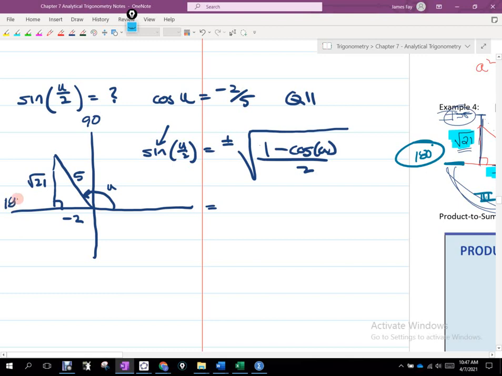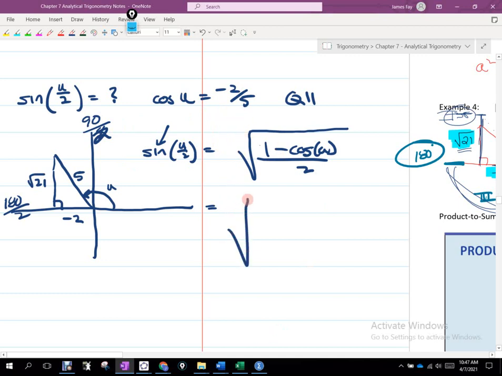If u stops between 90 and 180, then if I cut those in half, u over 2 is going to be between 45 and 90. So I know my u over 2 is going to be in that region right there. So it's going to be a positive y value, so I can get rid of the negative.